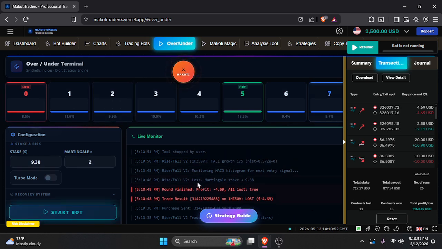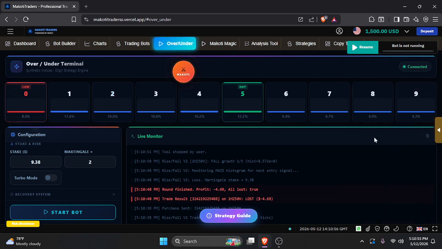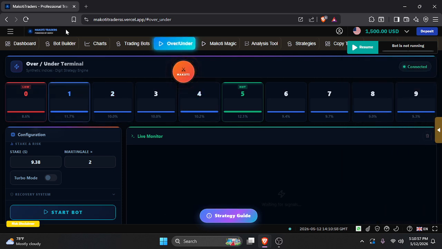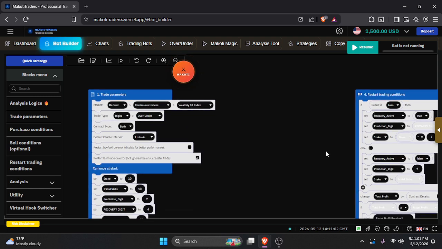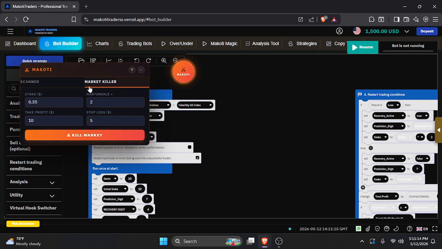So let me stop. And so guys, that is my full 5 days trading journey, and I have closed for today. Remember, in this journey I only used 2 bots, the Poverty Killer bot and the Makoti Rise and Fall version 4 bot, and there were some complications why I was using this, but yes, this works well.